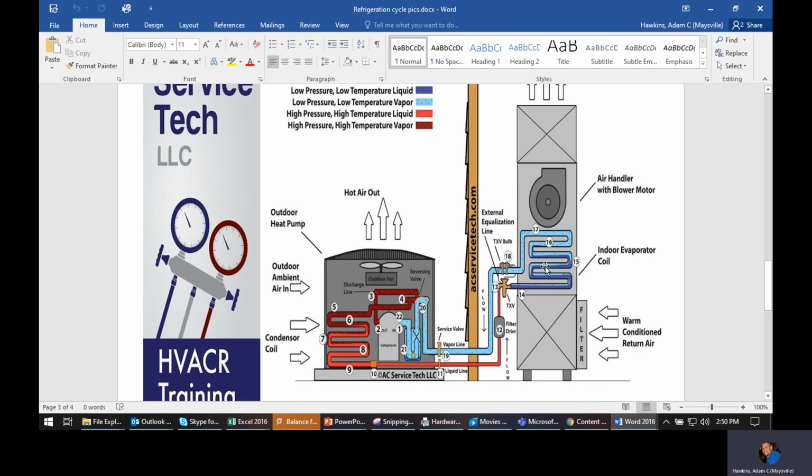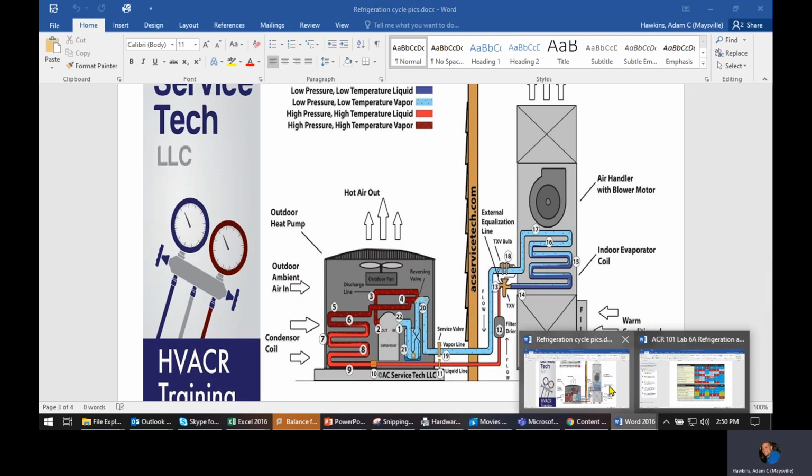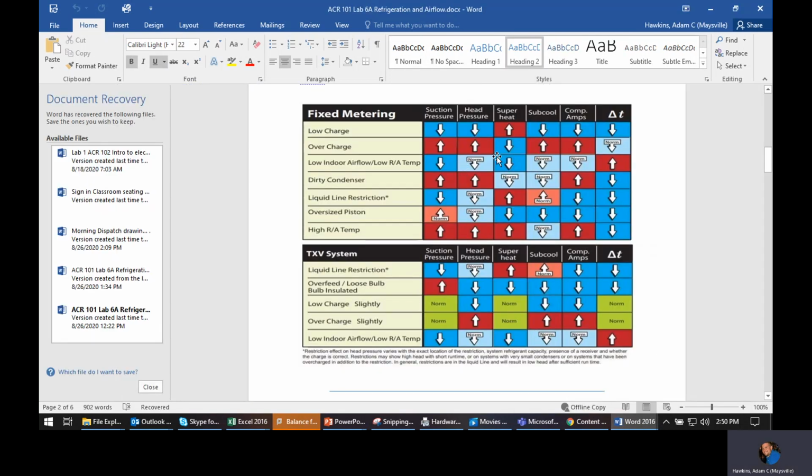All right, so let's go back to that picture. What's another thing that's going to differentiate low airflow from low charge? Well, we haven't talked about charge yet, so let's go over to low airflow delta. Your delta at this point is going to be really high.